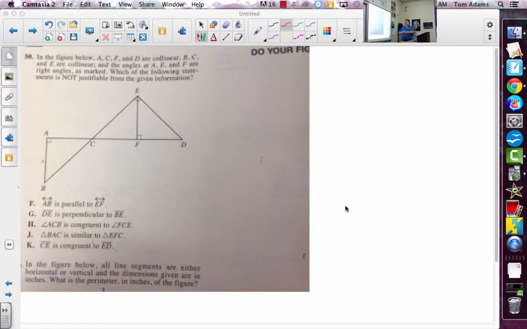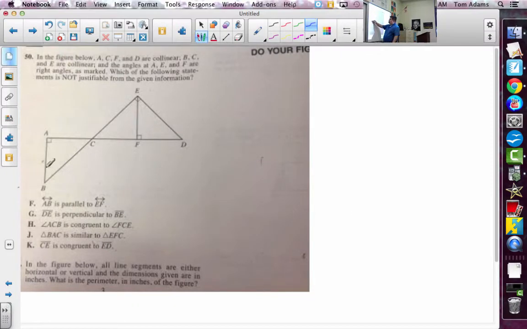Okay, so AB is parallel to EF. Is that justifiable? Is this parallel to this? When they say justifiable, could I prove that they're parallel? Yeah, I could, right? You know how I would prove that?